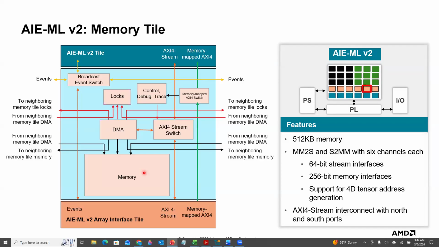So this is always a matrix math type operation. Your ability to do that here and store those results is a lot more efficient than having to go from the AI engine array all the way into the programmable logic. And this is again one of the big advantages to the ML architecture.